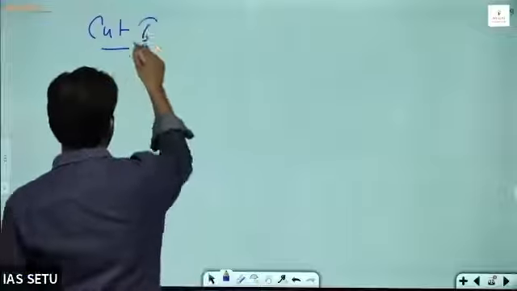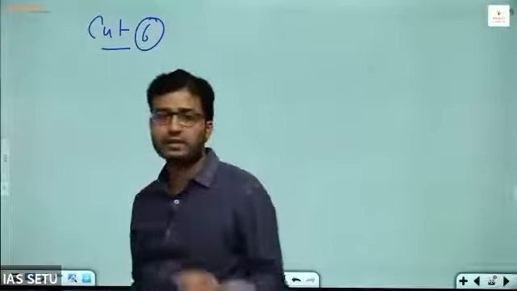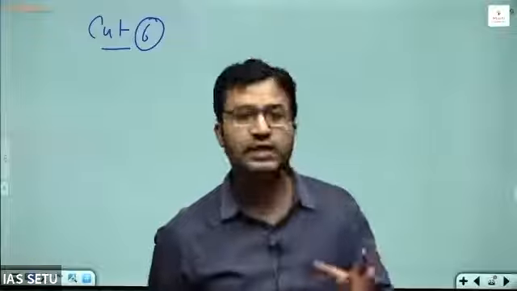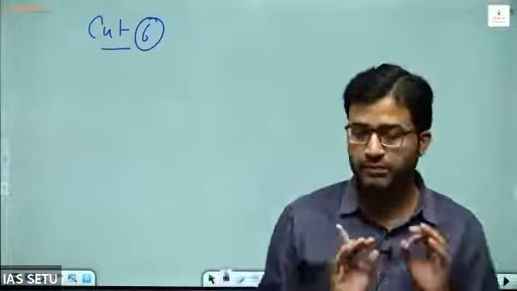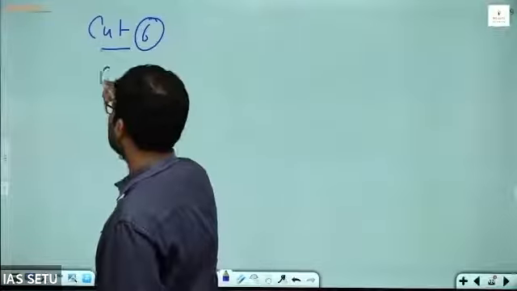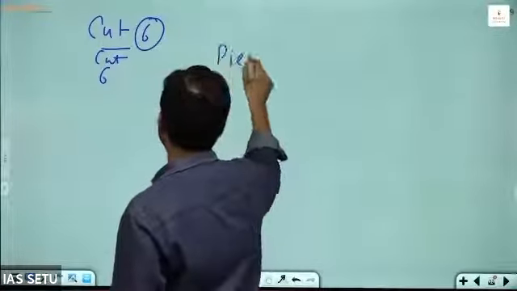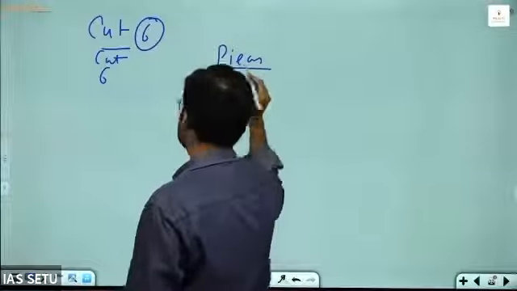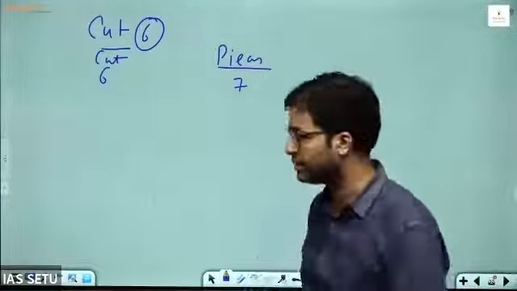I fix number of cut 6. First I use 1 axis, then 2 axis, then 3 axis, and you have to observe number of pieces. If I put all 6 cut on 1 axis, how many pieces I get? 7. You put all 6 cut on 1 axis, you get 7 pieces.